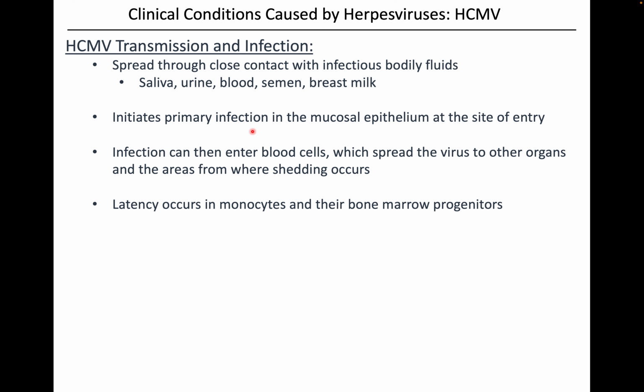So it may not be surprising to know that the virus likes to get in through mucosal epithelial cells, and it's eventually going to get into the bloodstream, which is going to spread it around the body. And latency is going to happen in monocytes and other bone marrow progenitor cells.